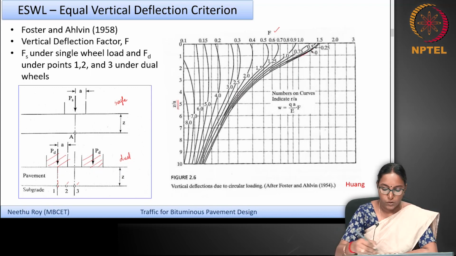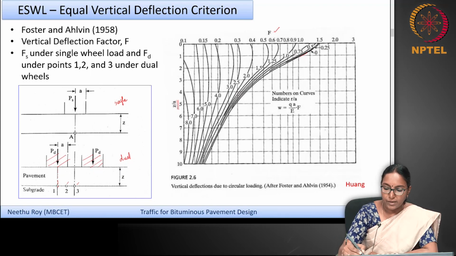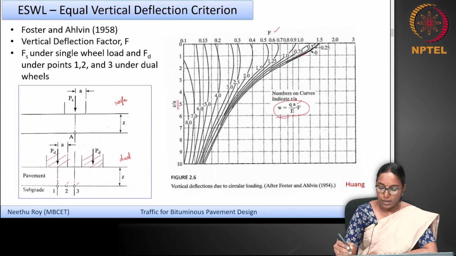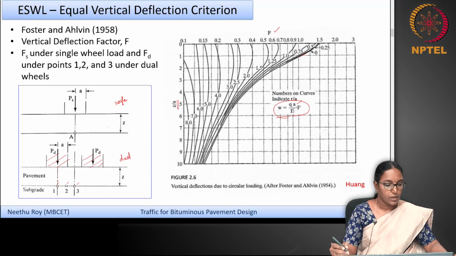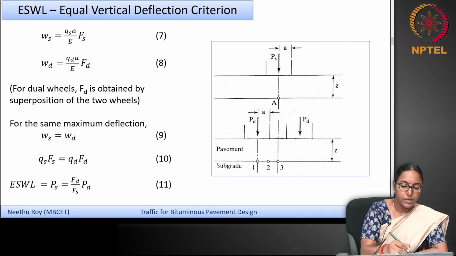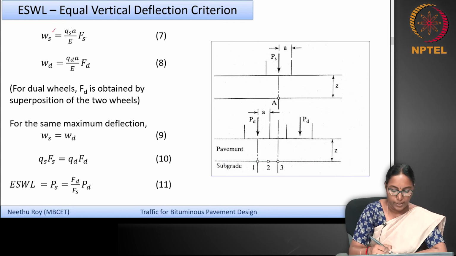For r by a from 0 to 8 you have different charts, and once you get the deflection factor F, you multiply it with qa by E in order to find the vertical deflection due to a circular loading of radius a and a contact pressure of q in a pavement of modulus E. So the vertical deflection due to a single wheel will be qs a by E into Fs, that is the deflection factor due to the single wheel load.